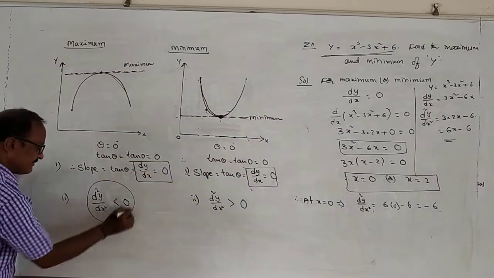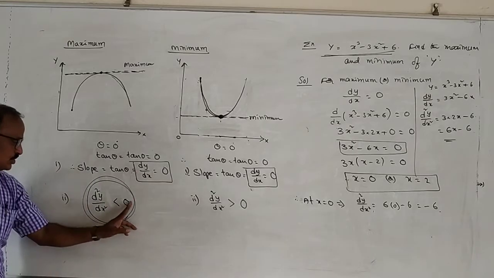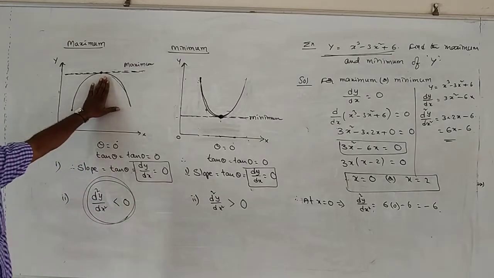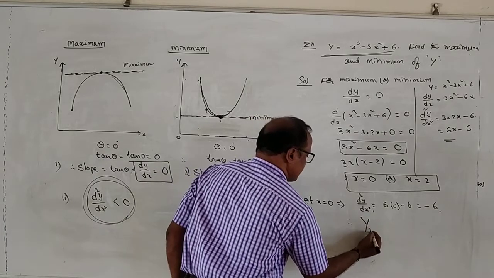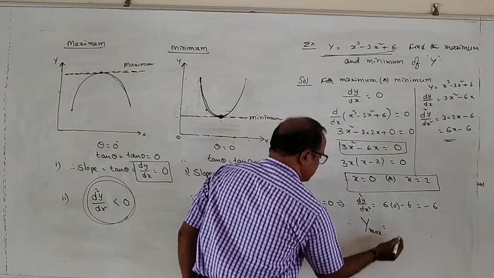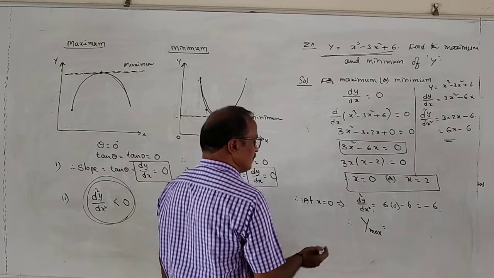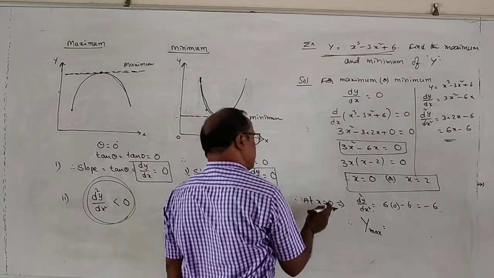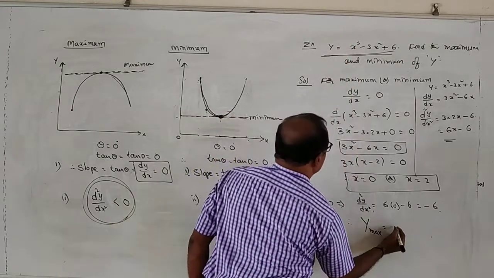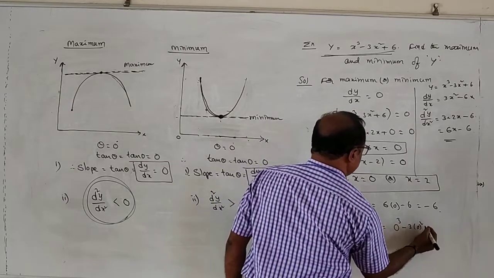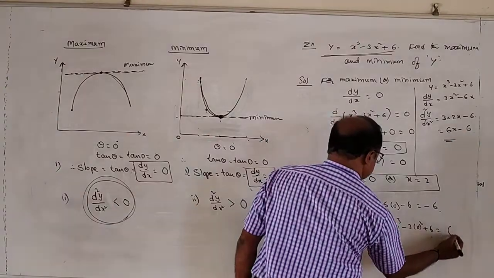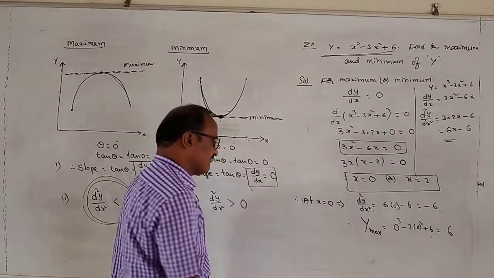If d2y by dx square is less than 0, this is the condition for maximum. Therefore, at x is equal to 0, y becomes maximum. Substitute the value of x in y: y maximum is equal to 0 cube minus 3 into 0 square plus 6, which is 6. This is the maximum value.